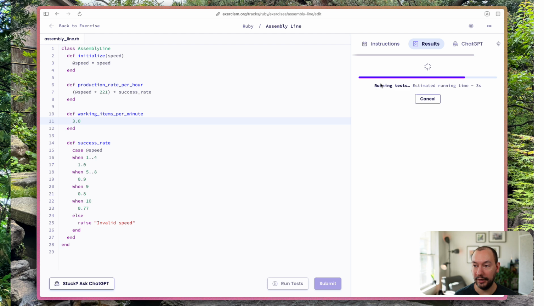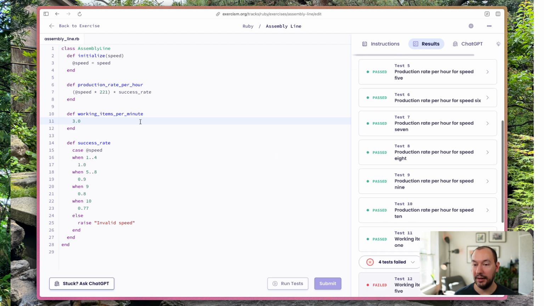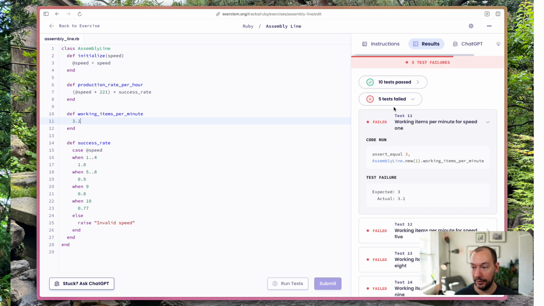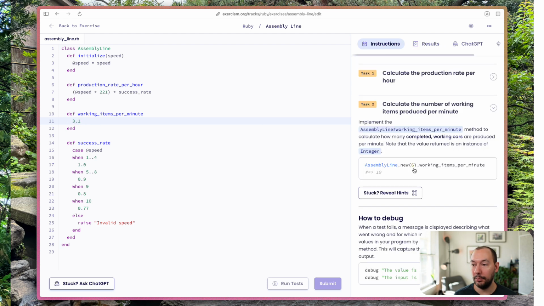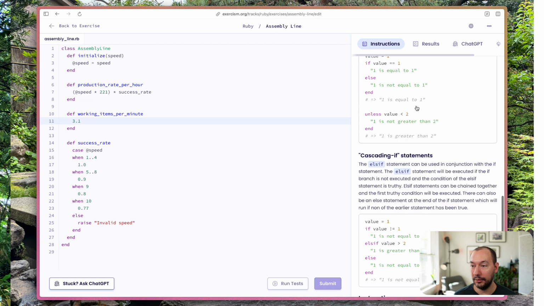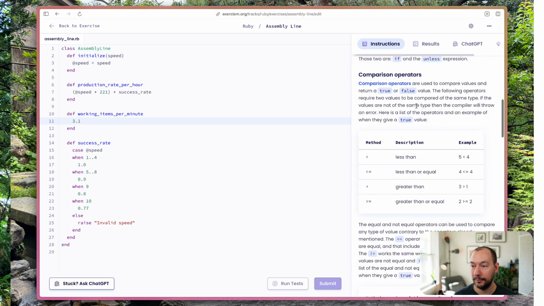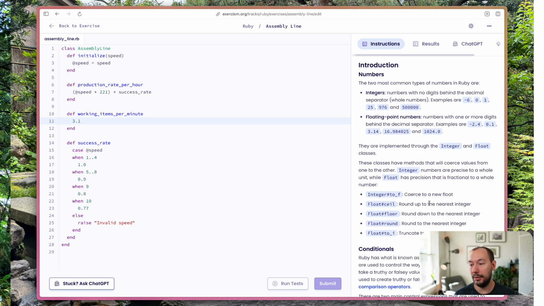Right, 11 tests will pass. But it cannot coerce 3.1 into 3 because this is a float and it has a value. So probably this is going to say something about, yeah, here we go, it's going to have some coercion things, like rounding down to the nearest integer.